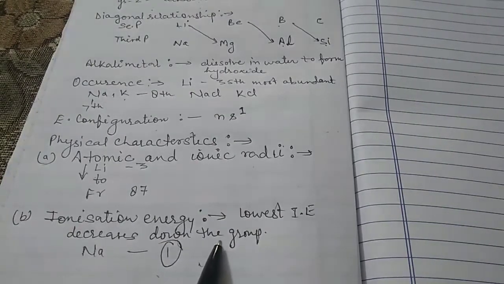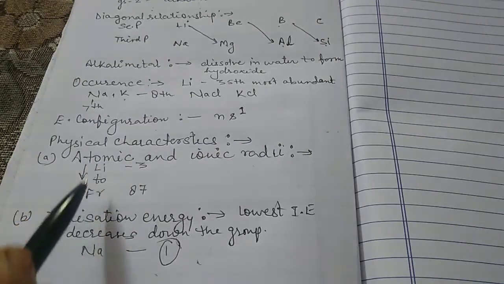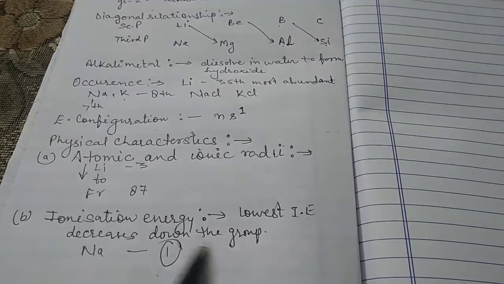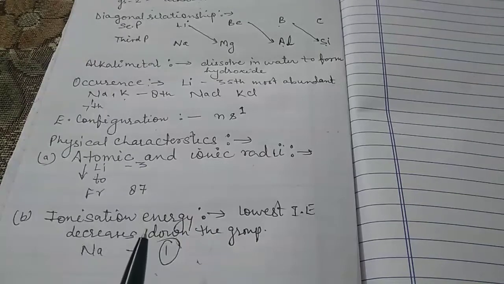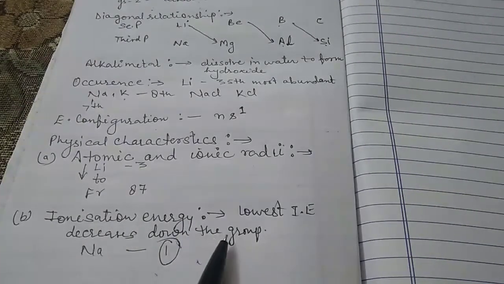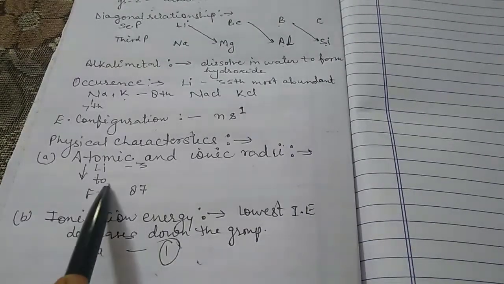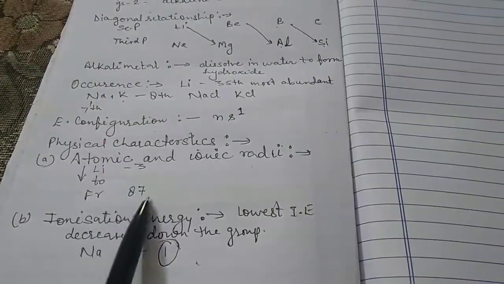And on moving down the group, the ionization enthalpy decreases. Why does it decrease? Because the atomic size increases as we move down the group, and the magnitude of the screening effect also increases. What is the screening effect? We have already discussed it in lesson 3. Consequently the ionization enthalpy decreases down the group, because the number of electrons increases and the number of shells also increases.